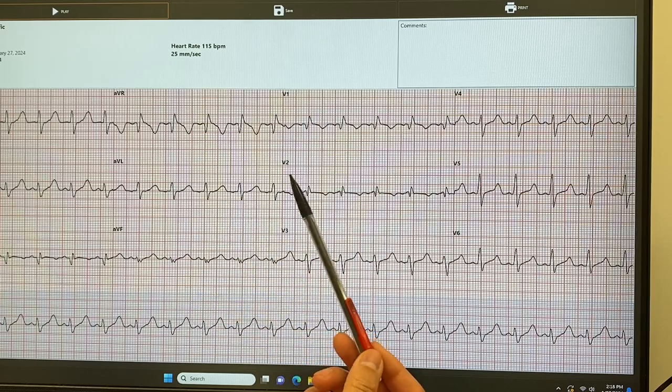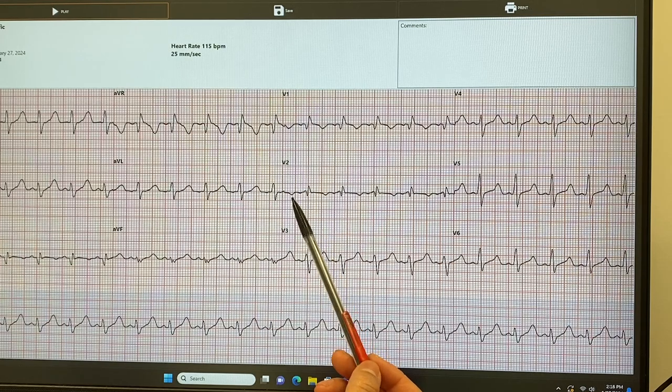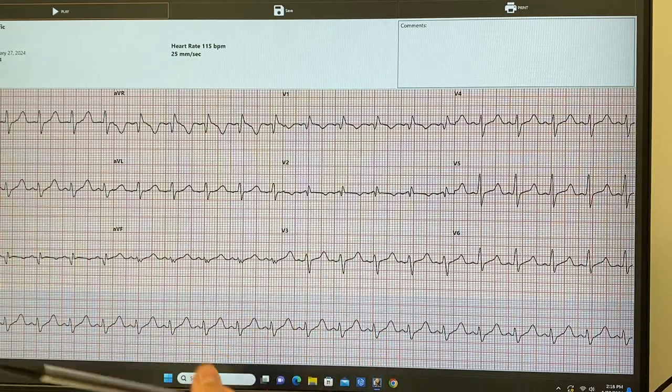Which one are you guys looking at? I'm looking at V2. That's part of the QRS complex. So what you're seeing is an R and an R1. There's 2 R waves.